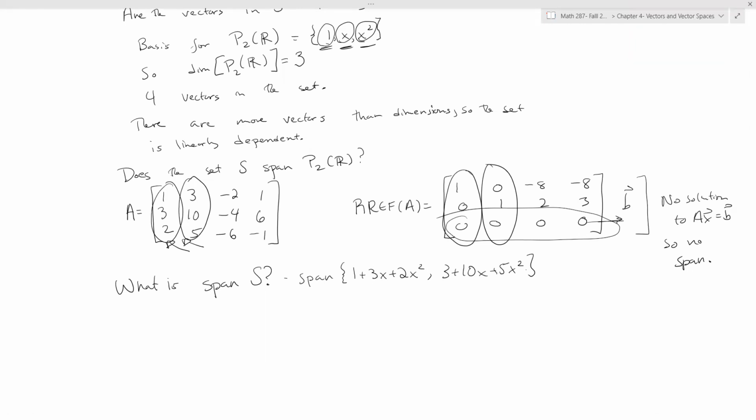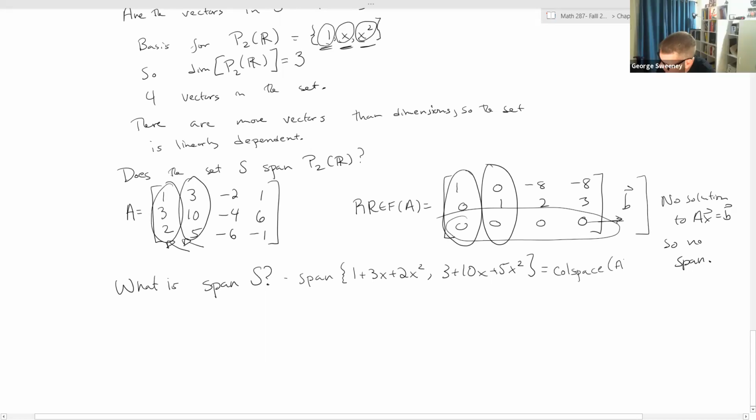Professor, is this the column space? It is. It's the column space of A. The 2 are the same thing. The column space of A and the span of the column vectors is the same thing. That's how you define the column space of A. The column space of A is the span of the column vectors of A, which is the span of this set of vectors S. Does that make sense?